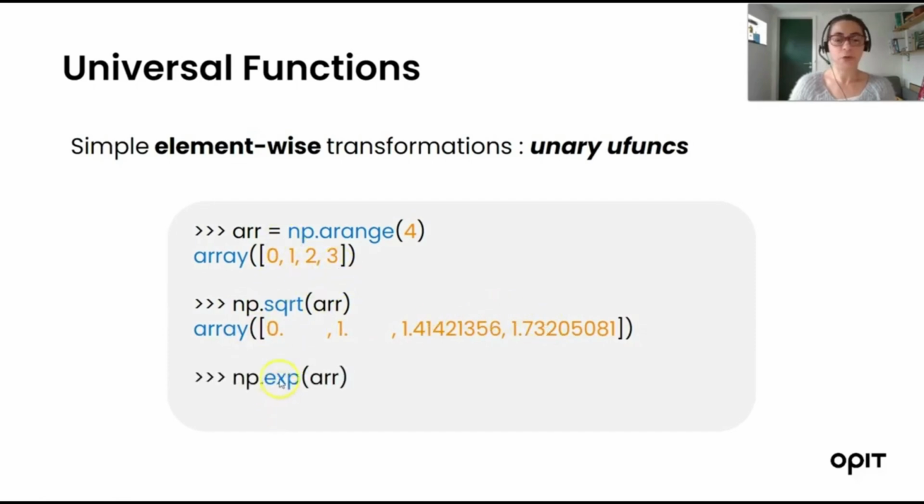Similarly, if we want to compute the exponent of each element in an array, we can simply call the universal function exp of NumPy and give the array we want as an argument. And then what we get is an array of the same shape as the array we gave as an argument. And each element of this new array is the exponent of each element of the array we gave as an argument.